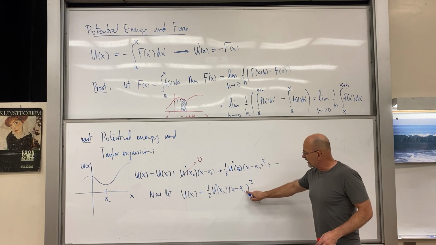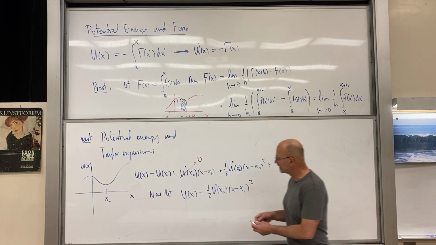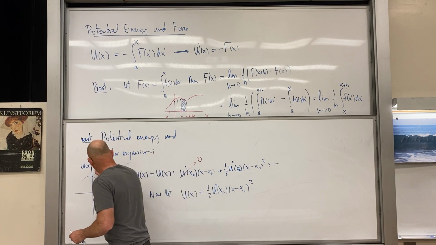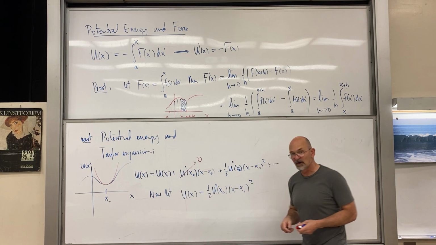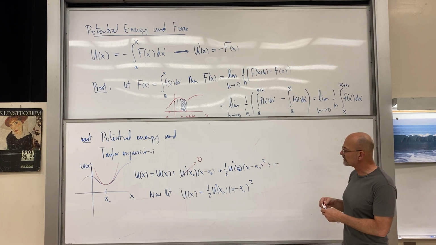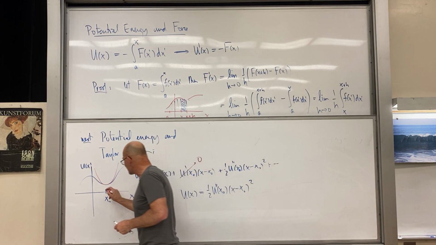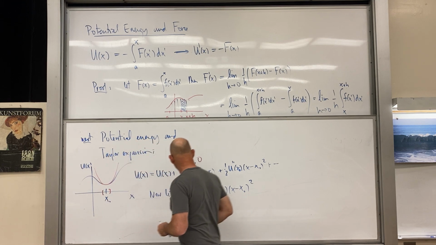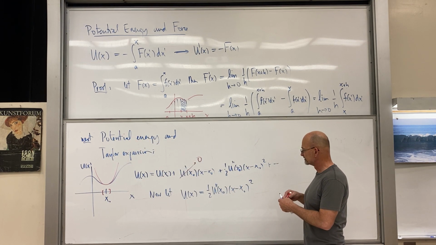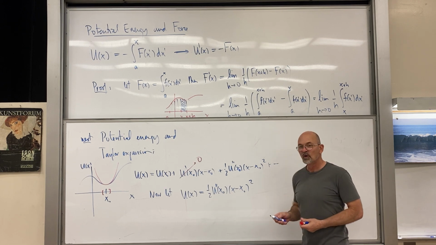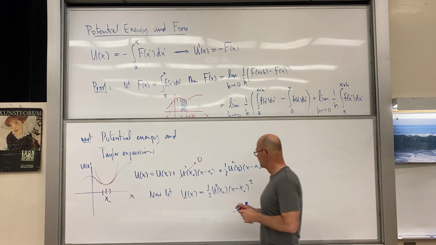Okay. And again, this is just the parabola that nests with the curve there. So for sufficiently small x minus x0, you take a small interval, then you consider this to be as accurate as you want. Okay. So now the question is, what is the force?